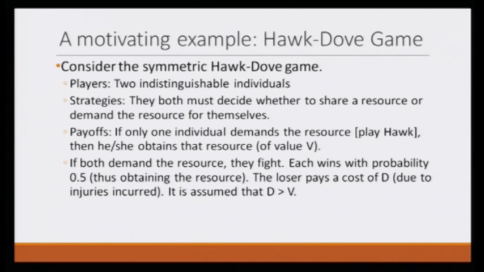The loser will pay a cost of D, because fighting will also involve some sort of injury, and we also assume D is greater than V, so injury is really costly. It costs more than the value of the object for which they are fighting.